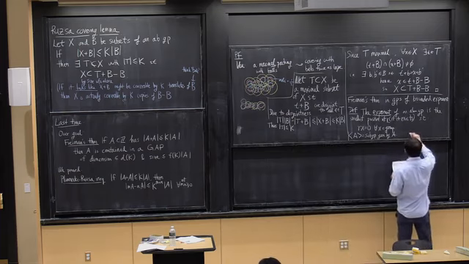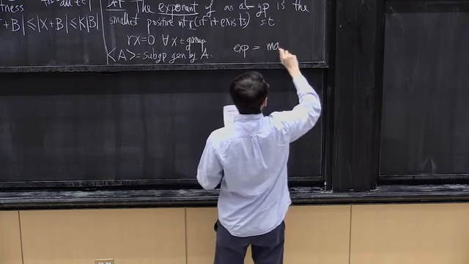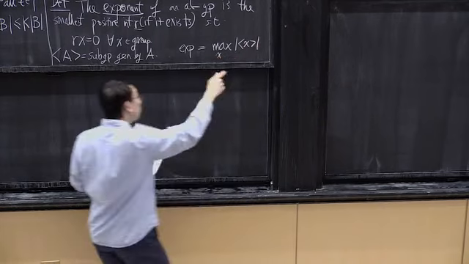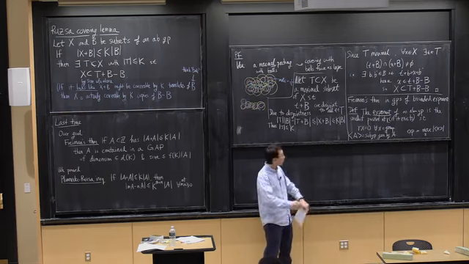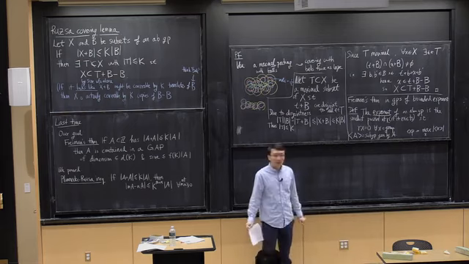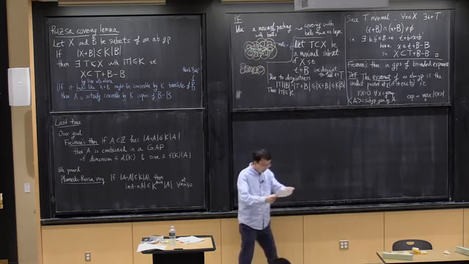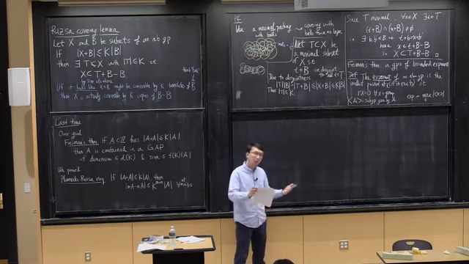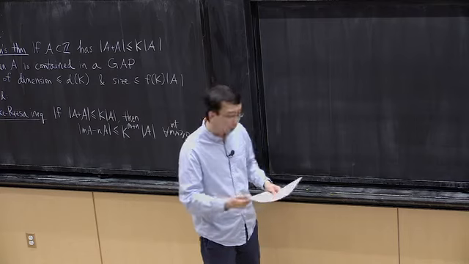And so the exponent of a group is then equal to the maximum over group elements of how many group elements it generates. All right, so the example you can have in mind is F_2 to the n, which has exponent 2. So in general, we're going to be looking at a special case in a group with bounded exponent.